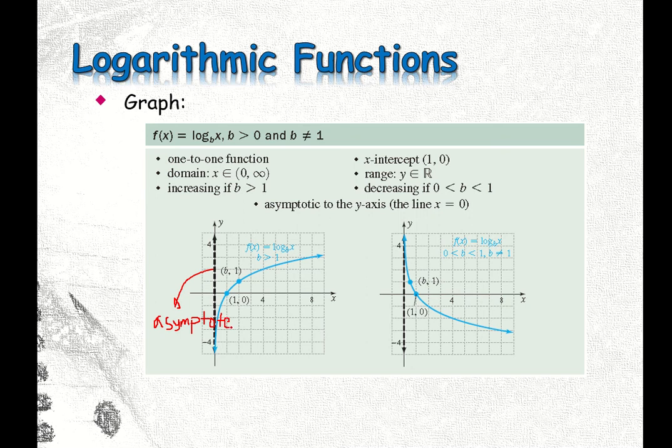That is a line that the function gets closer to but will never intersect. So in this case, we also have the asymptote, that is the same y-axis. So this graph, f of x is log of x base b, where b is greater than 1 here, or b is greater than 0 but less than 1, and b not equal to 1. So you have to take note of the conditions.